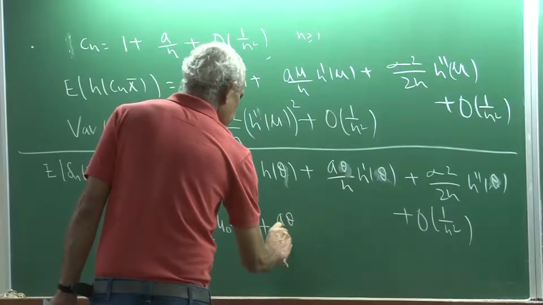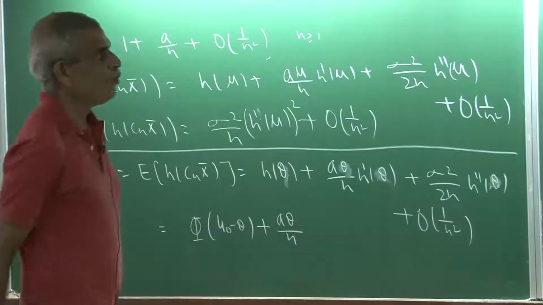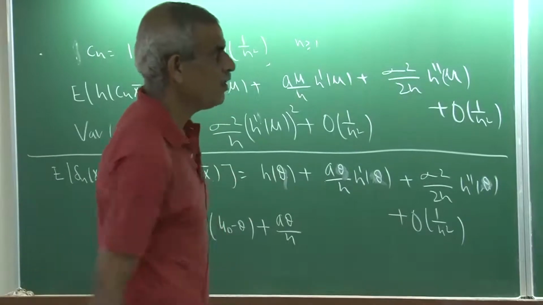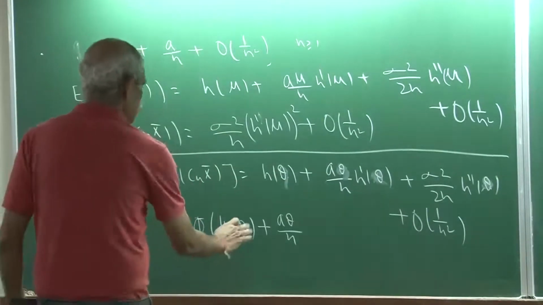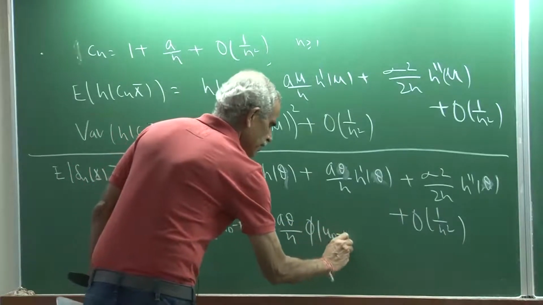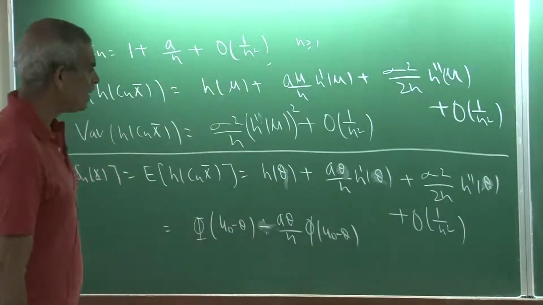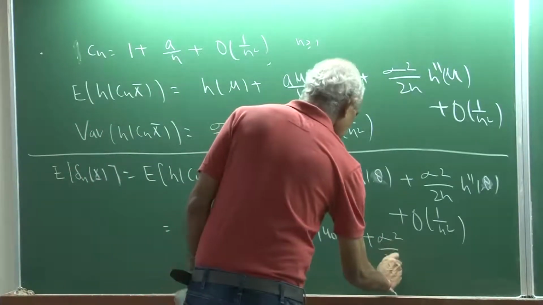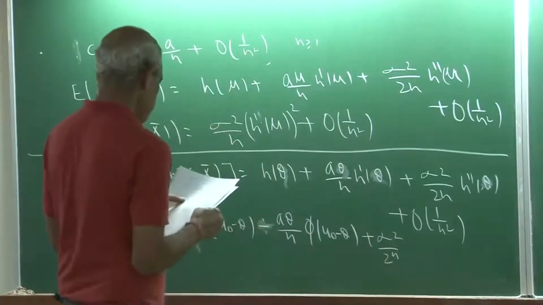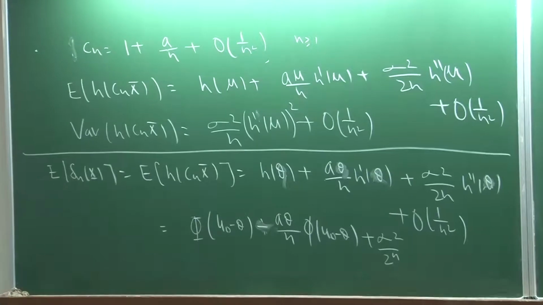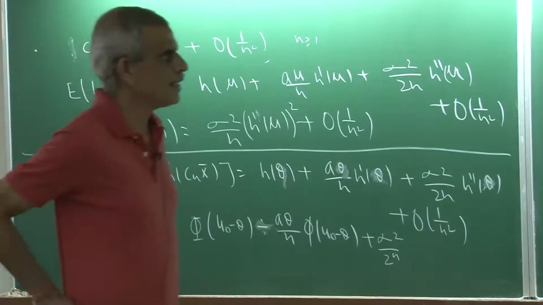a theta by n. What is the h prime of theta? Minus phi of u naught minus theta, so minus phi of u naught minus theta, plus sigma square by 2n h double prime theta.